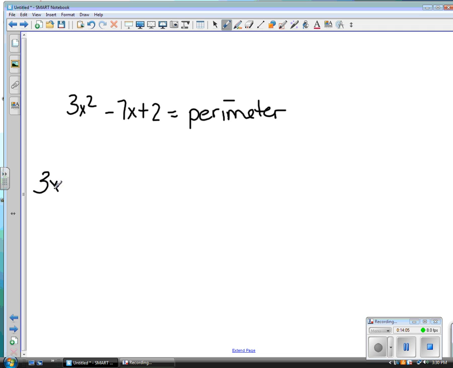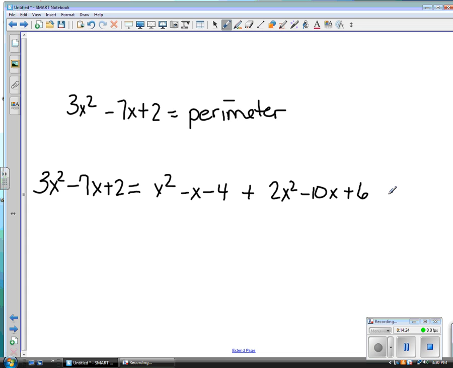Well, I know that that perimeter is what? I'm going to call the missing side y. Okay, y is my missing side of the triangle.